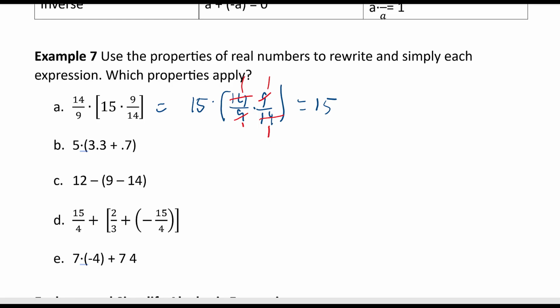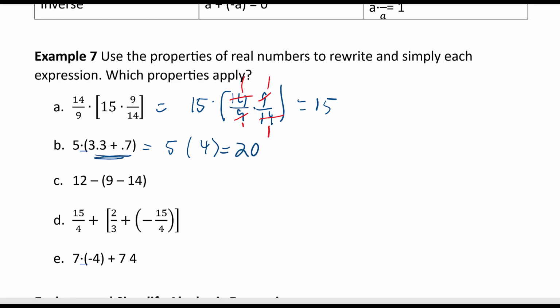Here I have 5 times 3.3 plus 7, so if I could combine these, 5 times 3 plus 3.3 plus 7 is going to be 4, so we get 20.